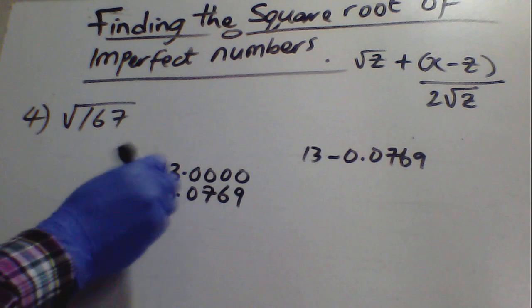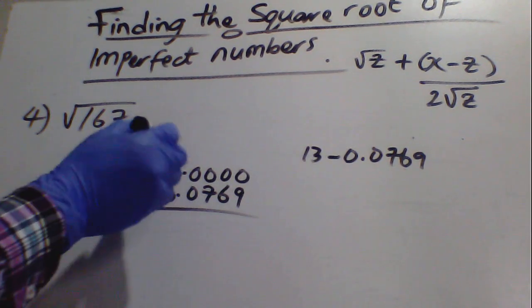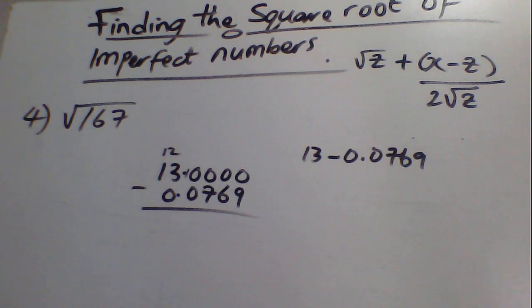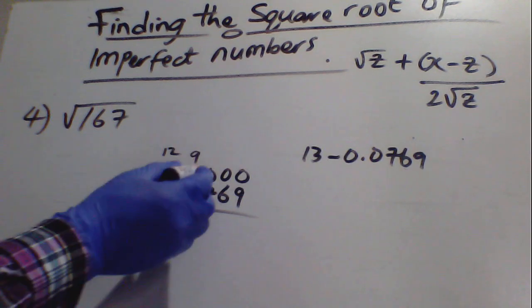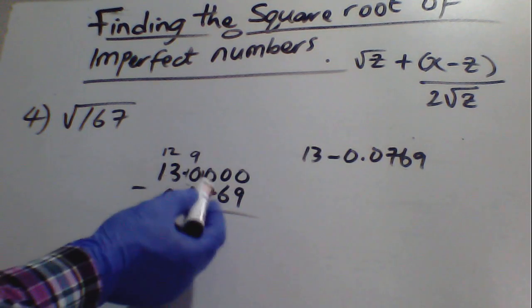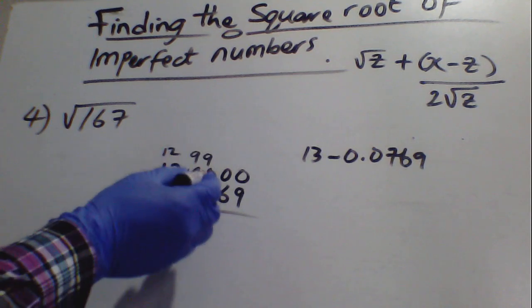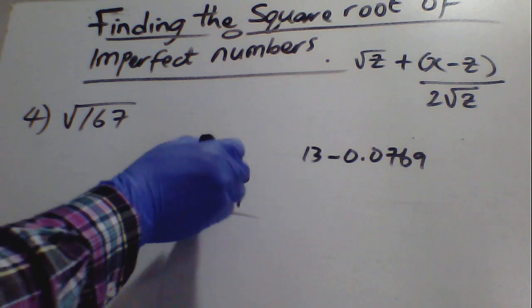0.0769. You subtract it. Carry 1 from 13. What is left is 12. You put the 1 here. It becomes 10,000. Carry 1 from this 10 here. What will be left? 9. You put it here. It becomes 10 if you are talking of tens. Carry 1 from 10. What is left? 9. Put it here. It becomes 10. Carry 1 from 10. Put it here.